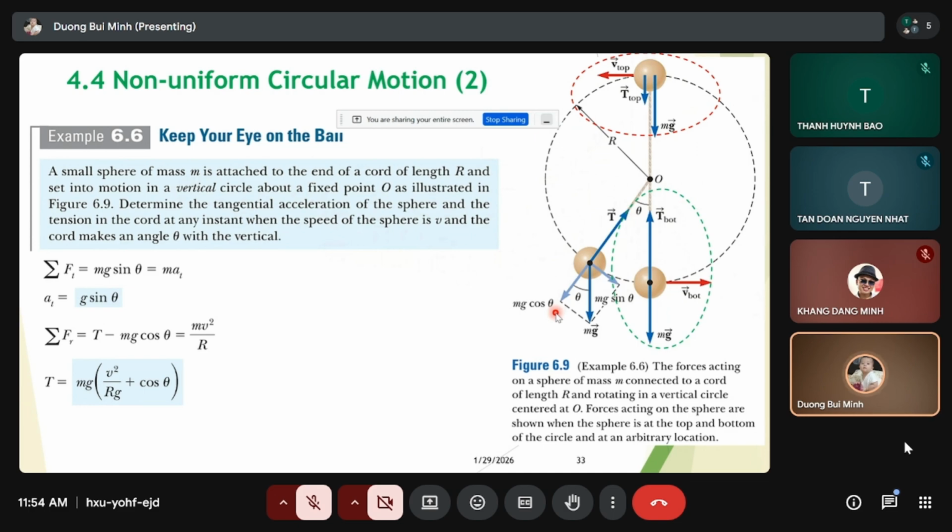If we have the circle here and the object here, this is the center, this is the x-axis, and this one is the y-axis. Normally we choose the reference coordinates like this.